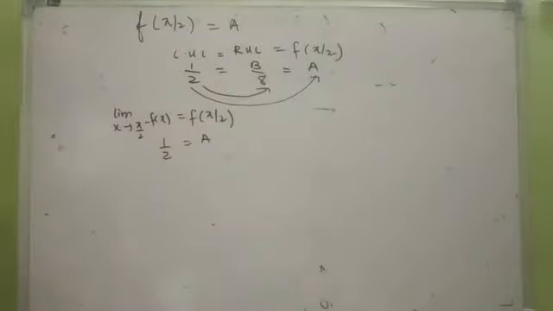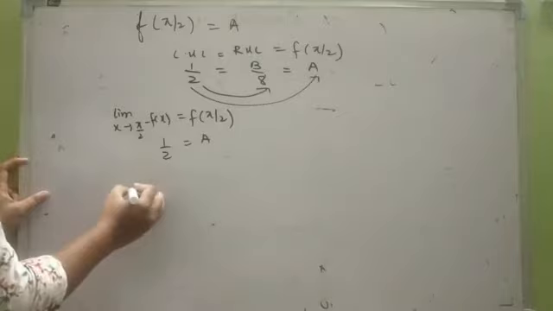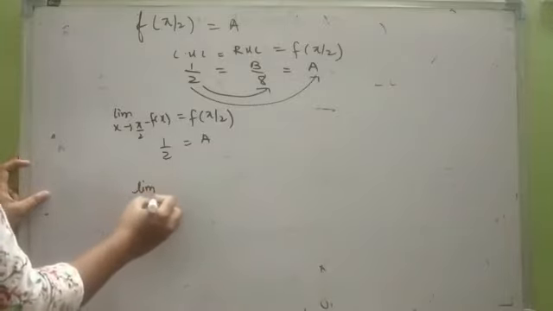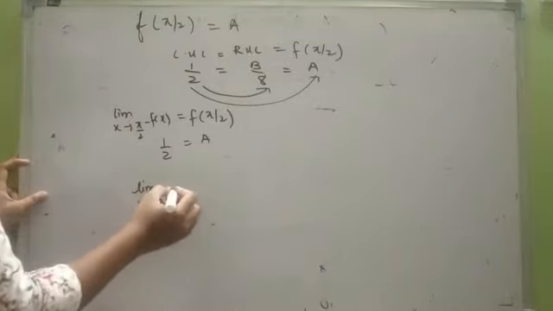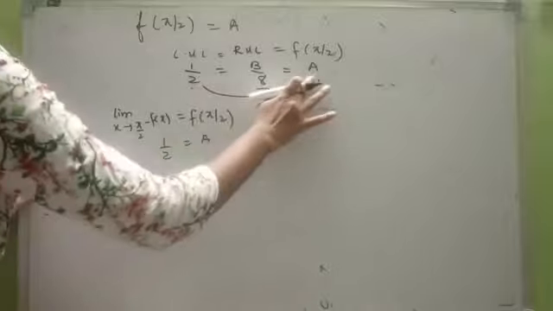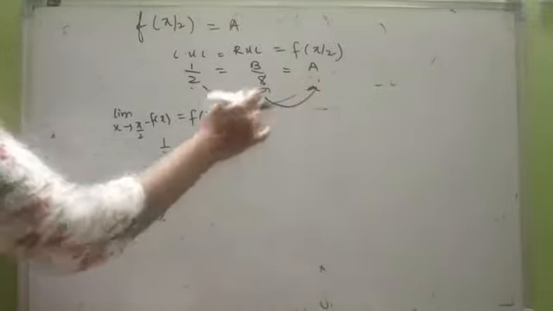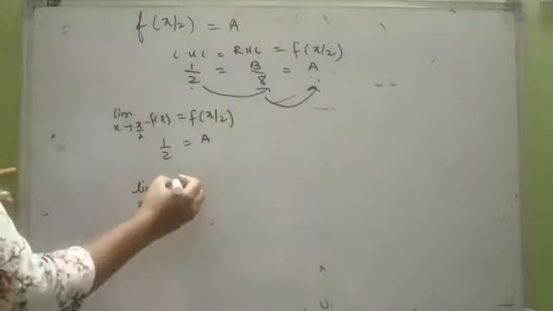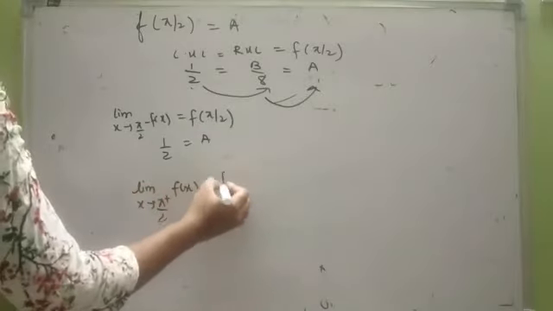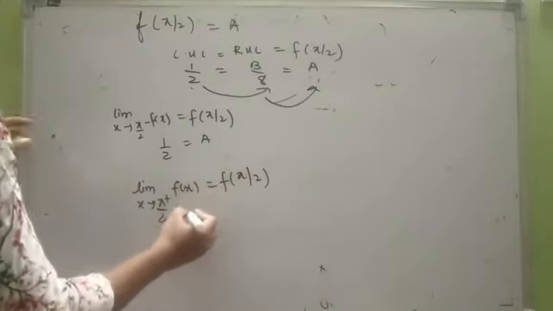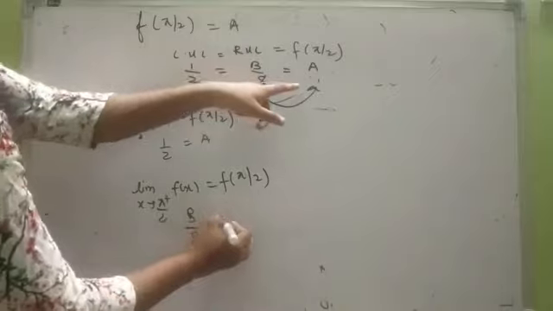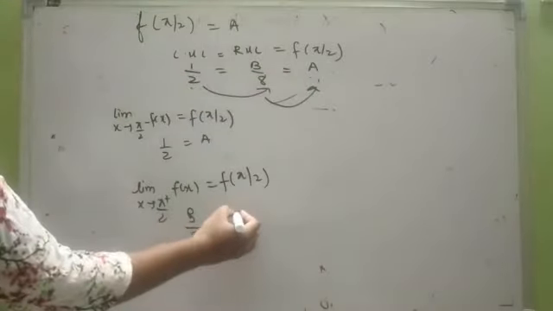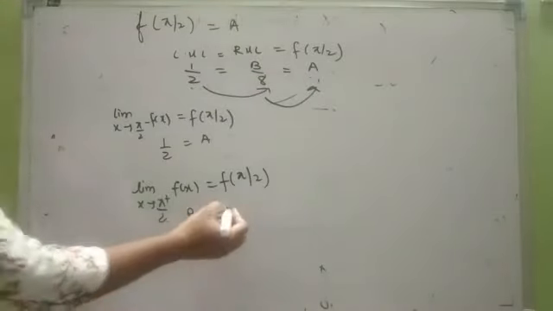Same way I can equate this. Limit x tending to pi by 2 plus, or you can even equate like this. This also, if you equate, it will be the same thing. So now f of x is equal to f of pi by 2. So how much is it? B upon 8 is equal to A. A value how much do you know already?